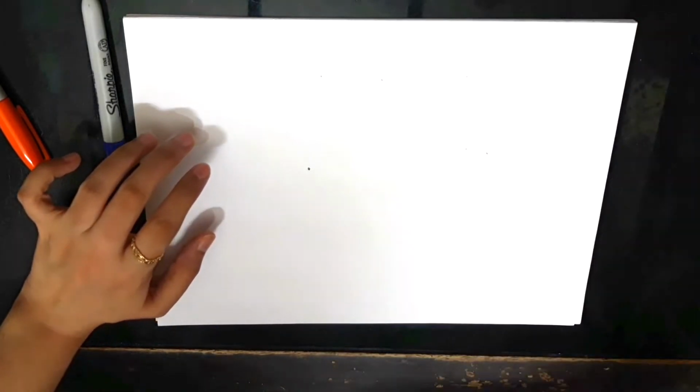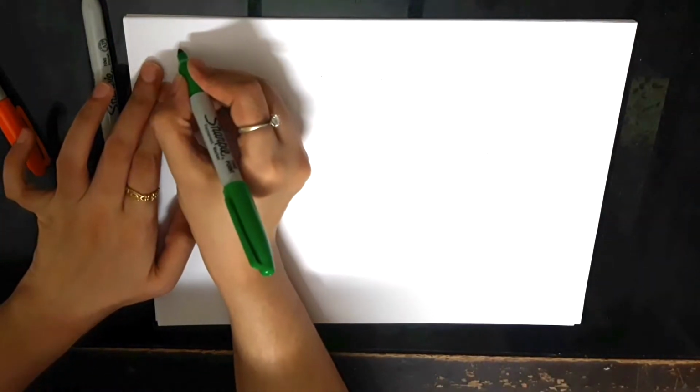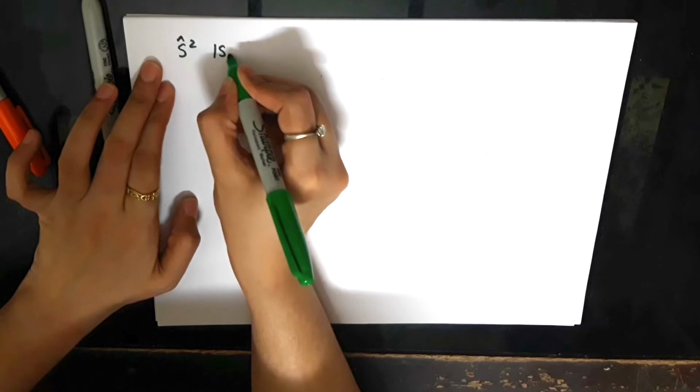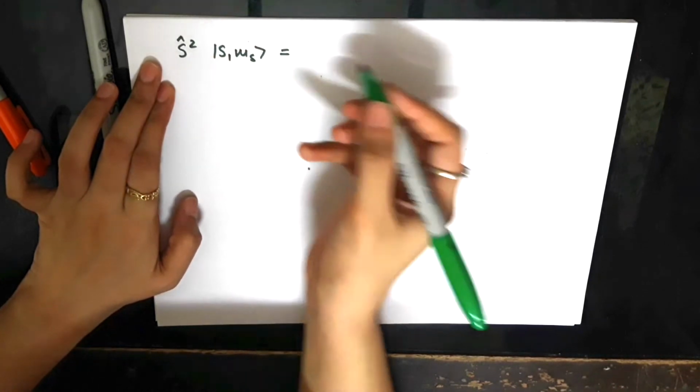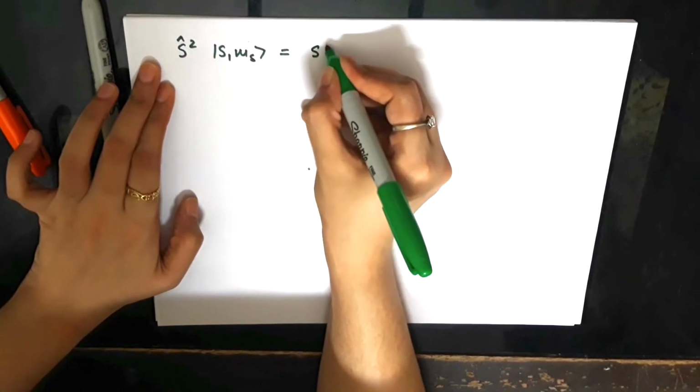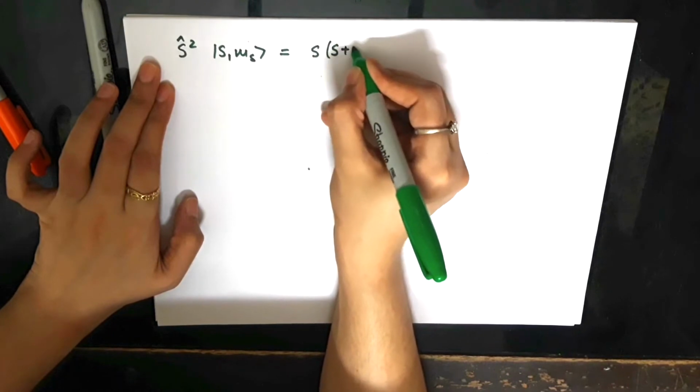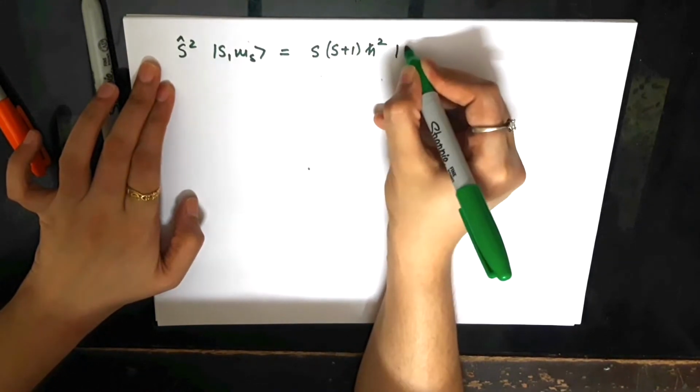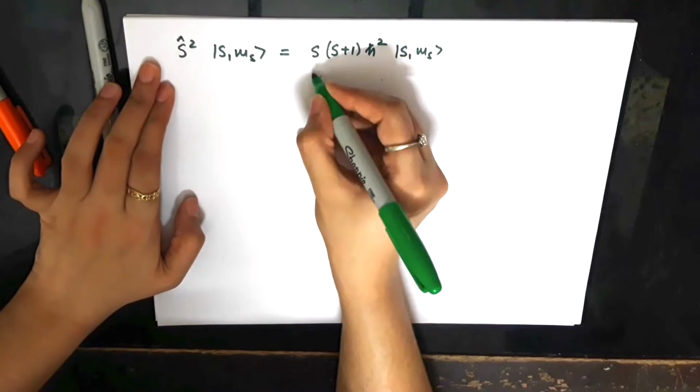We saw last time that S squared acting on these eigenvectors gave the eigenvalue s(s+1). Here s is a number, not the operator.